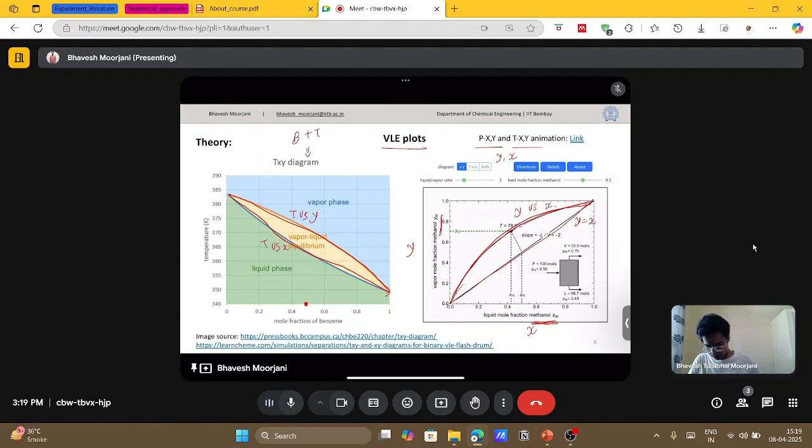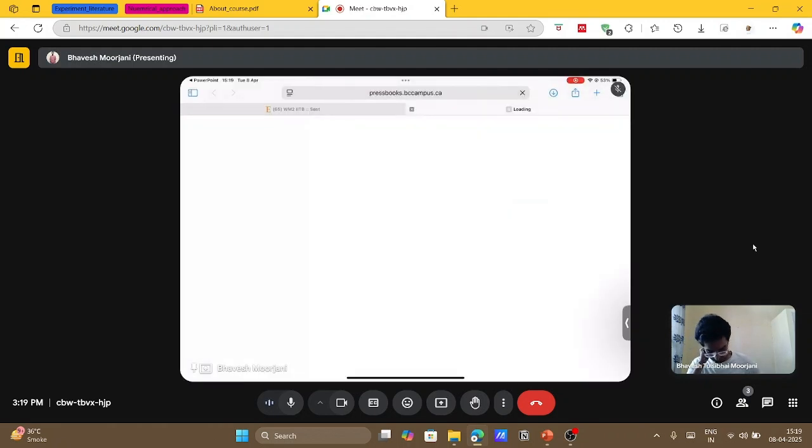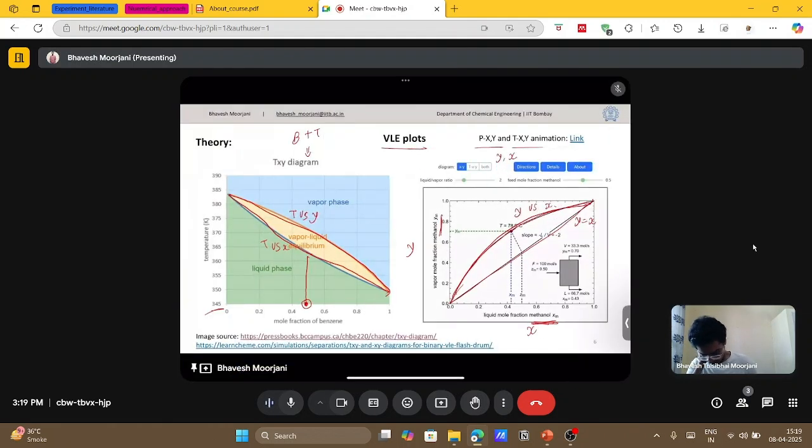So you have an equal mixture of benzene and toluene at 345 Kelvin. Now, as you increase the temperature of this mixture, this bottom line of this two-phase curve is called the bubble point, while this top line is called the dew point.